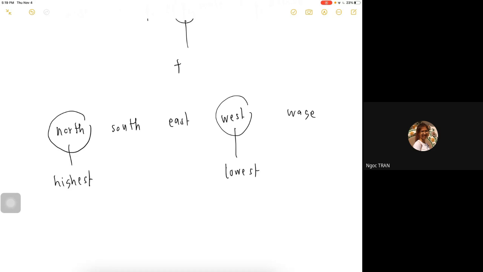So you can either drop north or west, depending on your preference. It will make your coefficients easier to interpret. Do you have any questions?